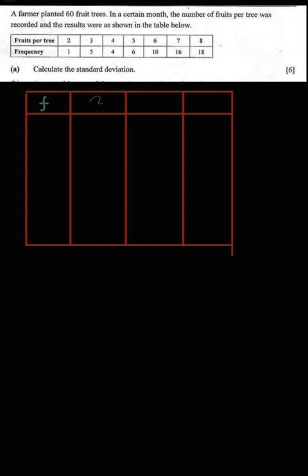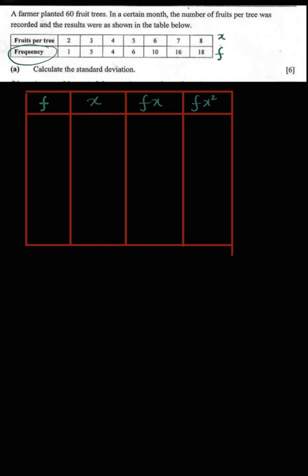So f, then we should have x here, then we multiply f and x, we're going to have fx, then we multiply fx and x, we shall have fx squared. Like I was saying, this is the value of x, then this is f. So frequency, sometimes they can say number of something, number of people, number of trees, or things like that.